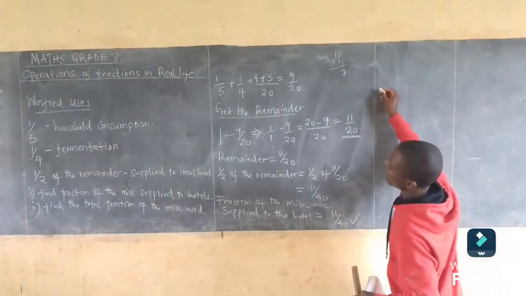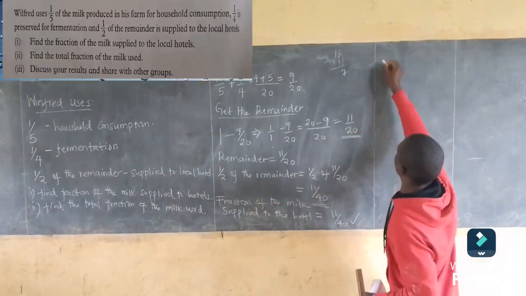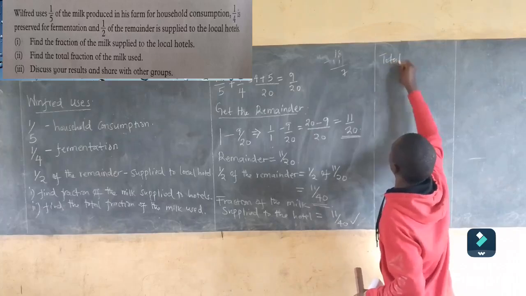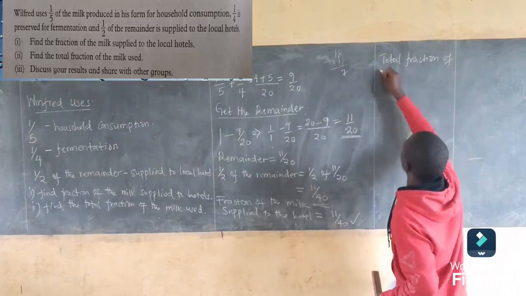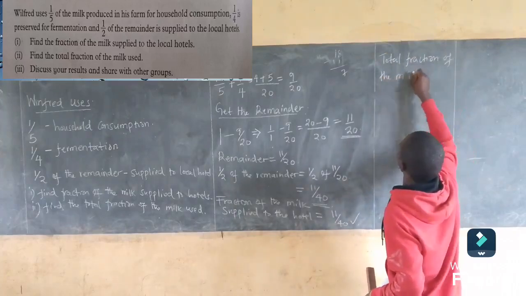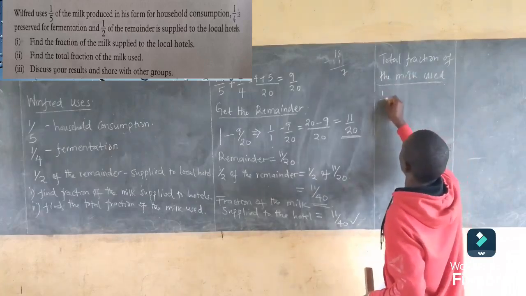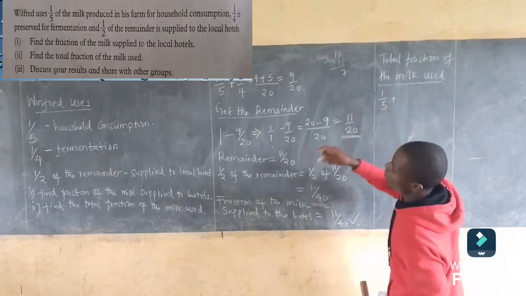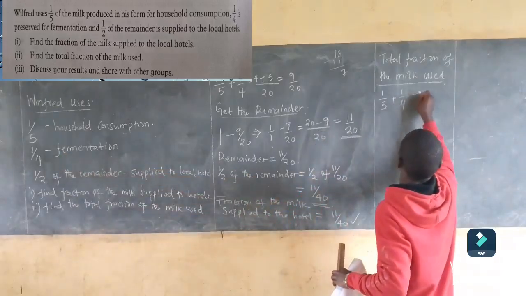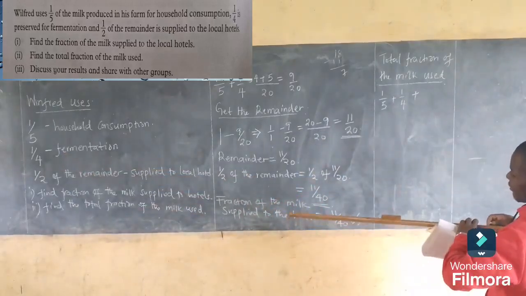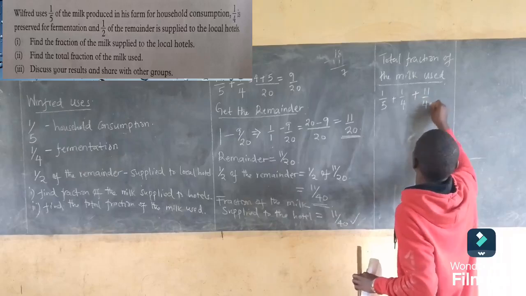So the total fraction of the milk used is 1 over 5 plus a quarter plus the one that was supplied to the hotel, 11 over 40.